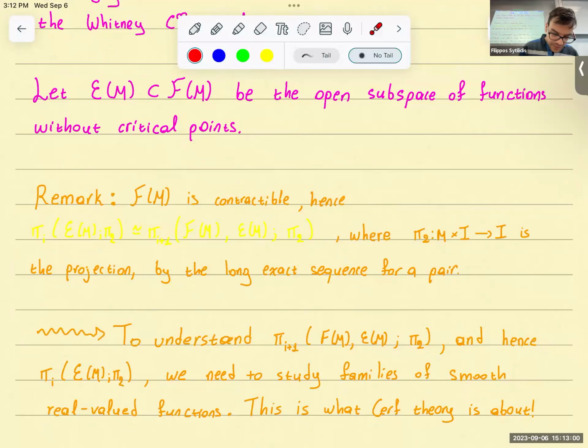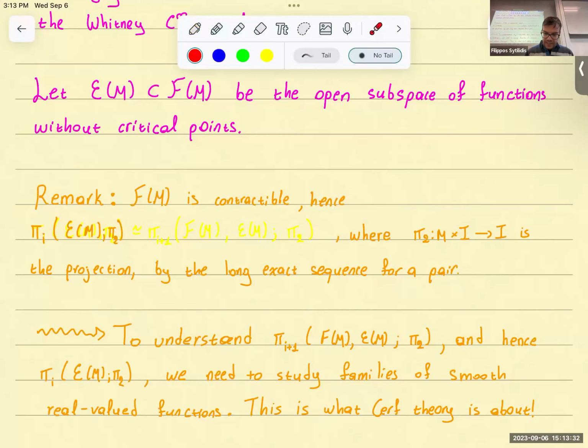What that means is, we talked about pi 0 and pi 1, but I'm going to make a more general statement. If you want to calculate, say, the ith homotopy group of this space, epsilon of M, with base point pi 2, you can put i equals 1 or i equals 0 here, because that's all we're going to be using anyway.